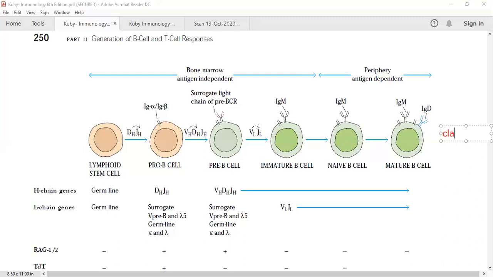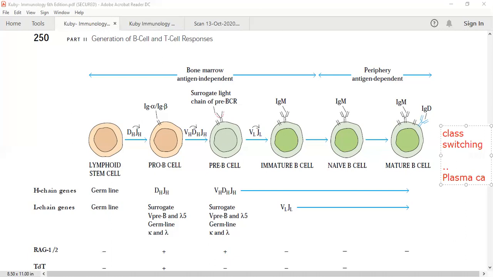So when it encounters some antigens or when there is an immune response, class switching will result, and this class switching will lead to generation of other antibody molecules. So first of all, plasma cell will form, which is an effector cell.